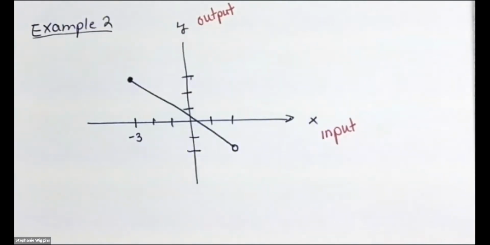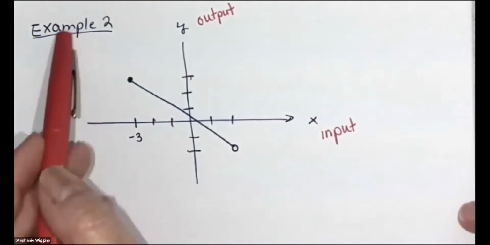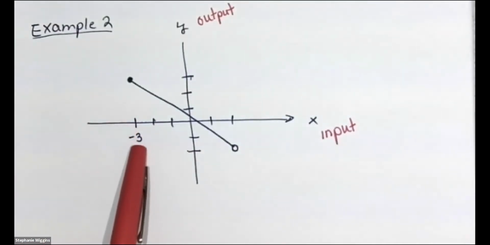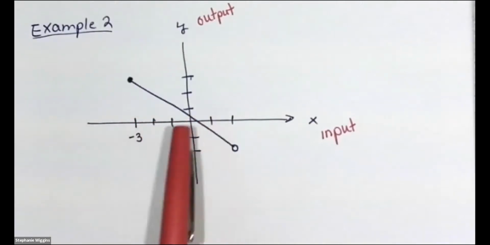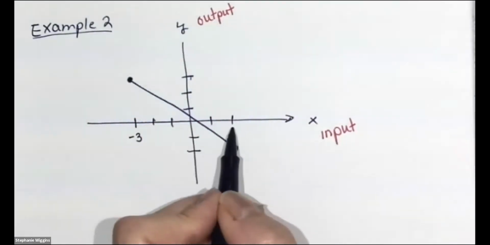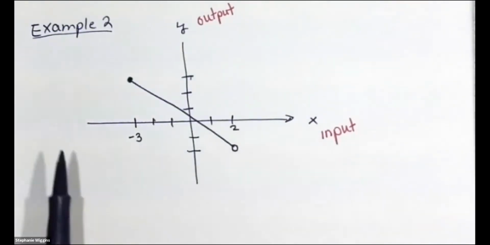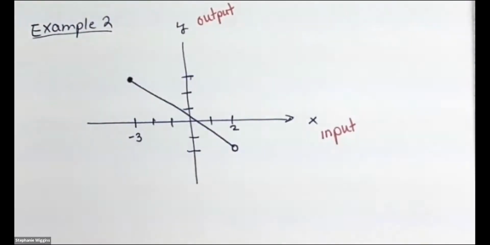We can't put in -4 or anything over here because there's nothing there. The graph starts at -3 and goes up until we reach 2, but it does not include 2 because look at this open circle here. That means you're not including that point. So 2 is out of the domain because of that open circle, whereas -3 is included in the domain because of the closed circle.